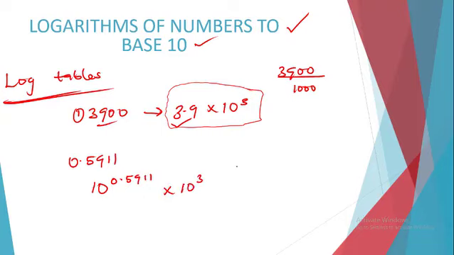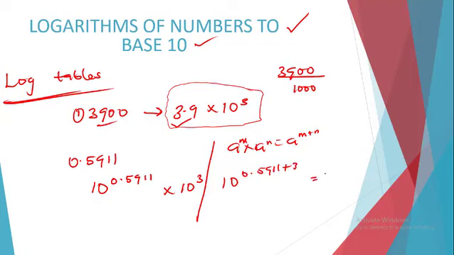And then we apply the law of indices, where a raised to power m times a raised to power n is equal to a raised to power m plus n. And that we have 10 raised to power 0.5911 plus 3.